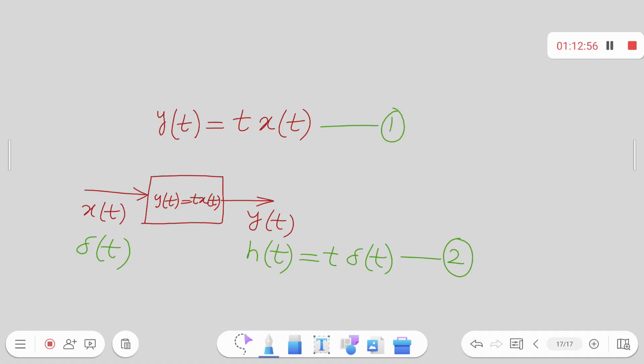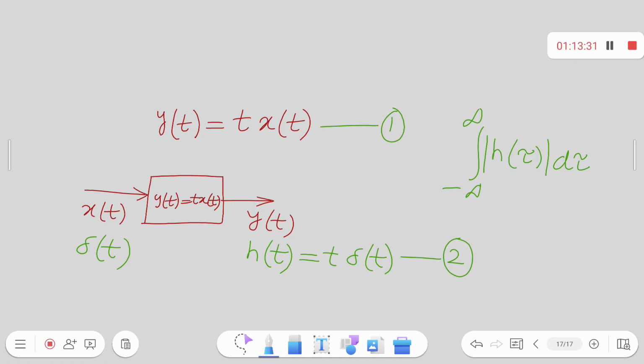But when it comes to BIBO stability, if you take a look at the second expression and find this integral, from minus infinity to plus infinity of mod h(tau) d tau, this seems to be convergent.